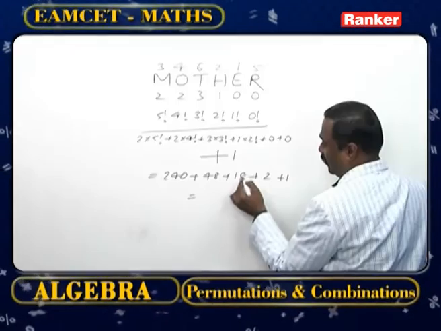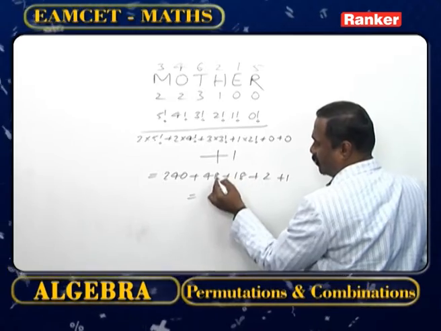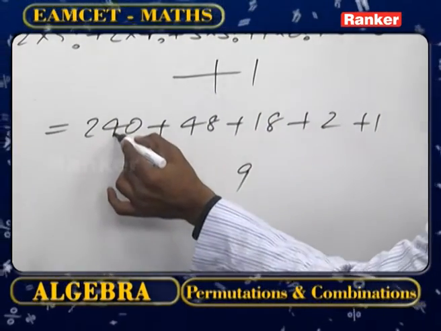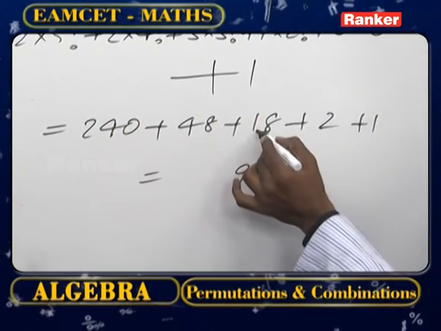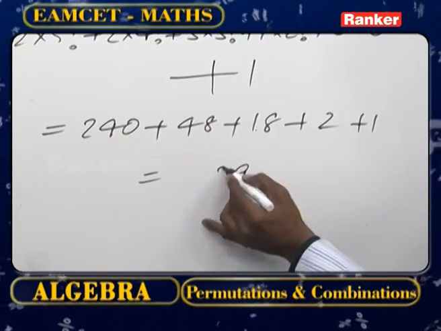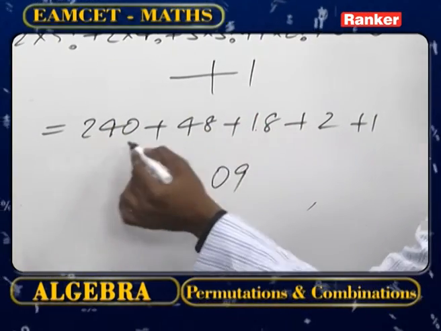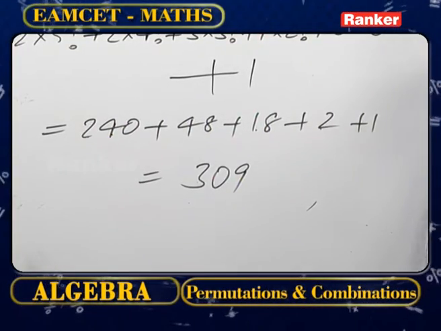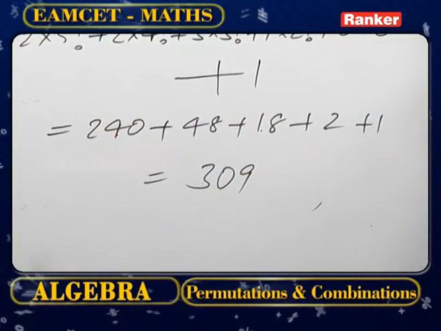So how much is it? 3 plus 8, 11. 11 plus 8, 19. And it is 309. 309 is the rank of the word mother.